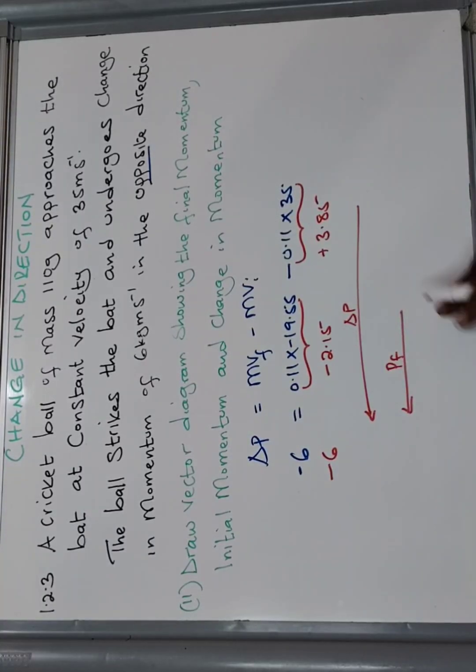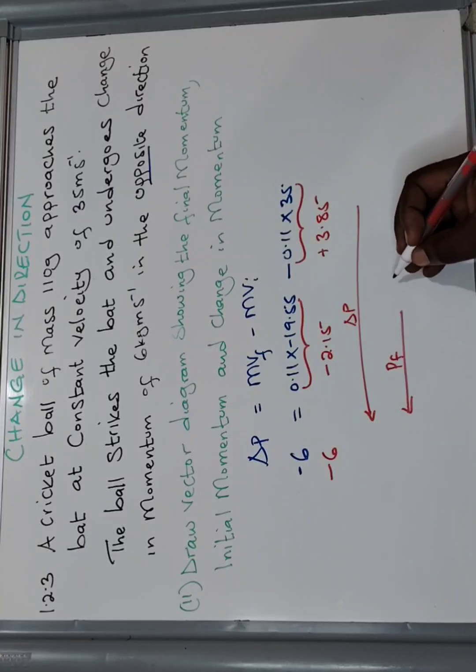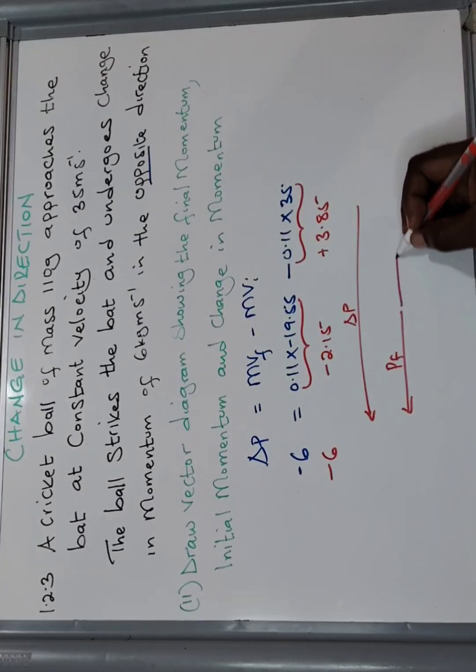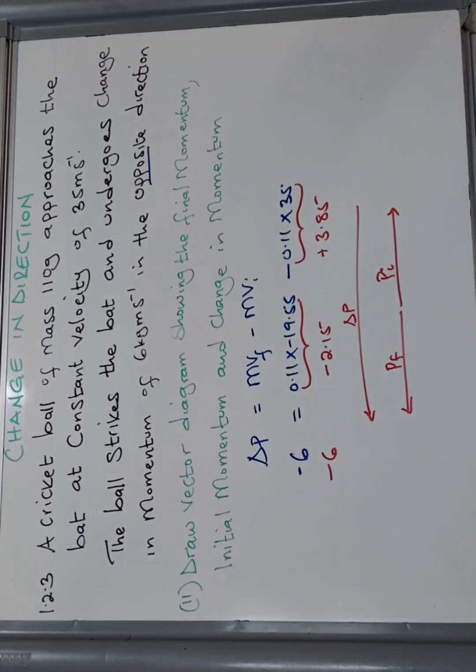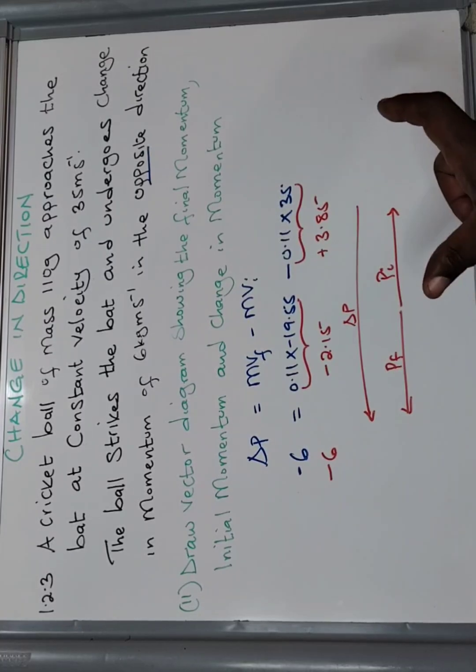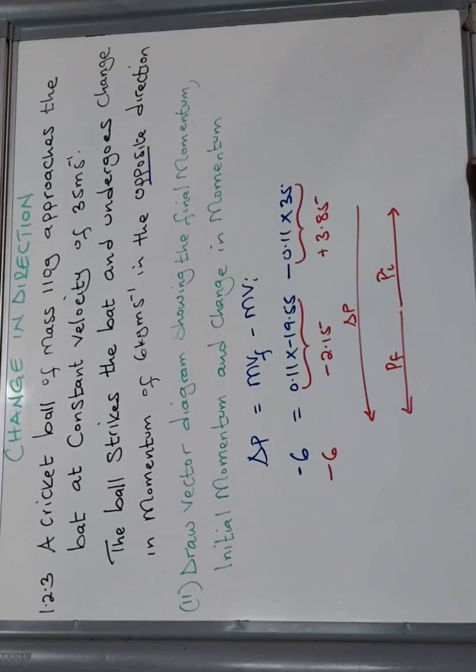What else do I know? I know PI. PI is positive. And there we are. What I'm having here is the vector diagram representing change in direction.